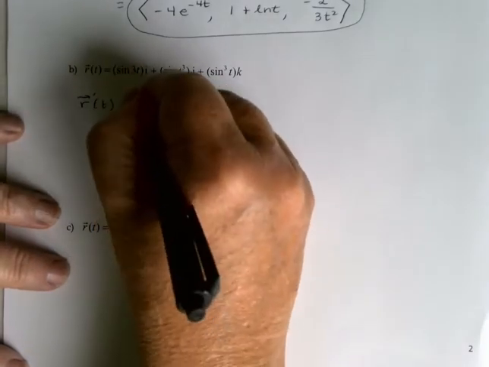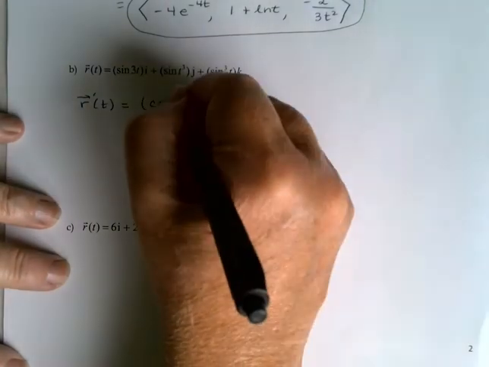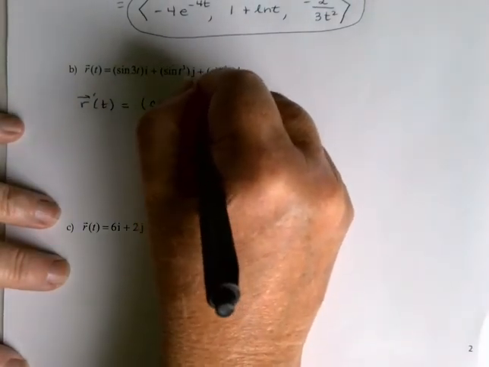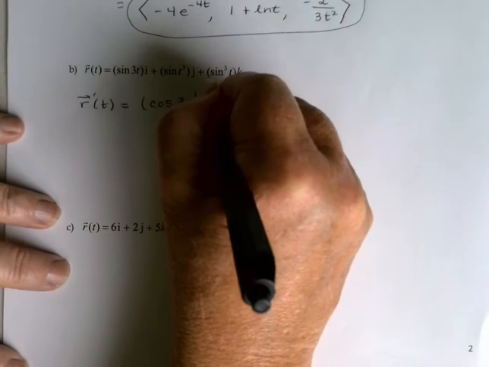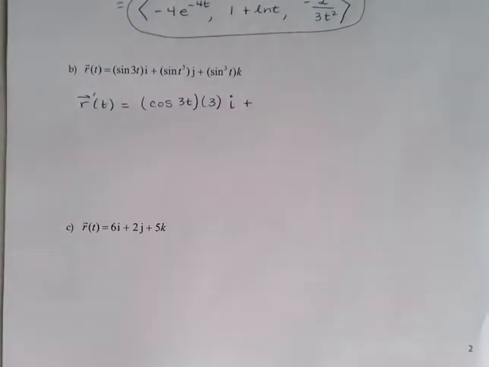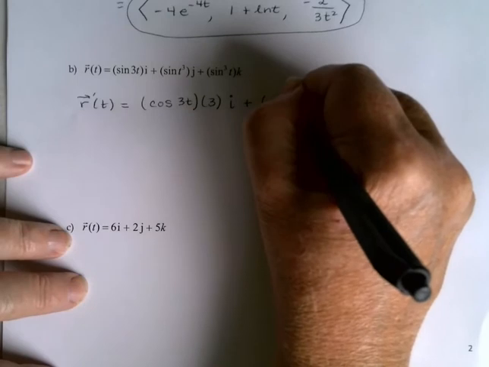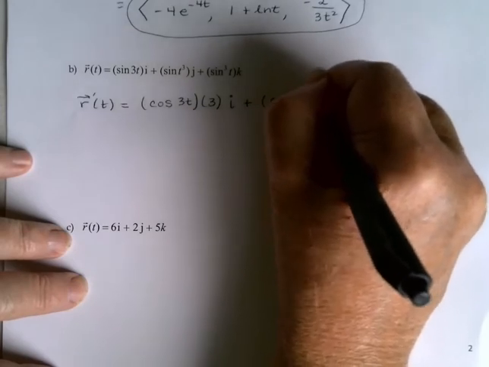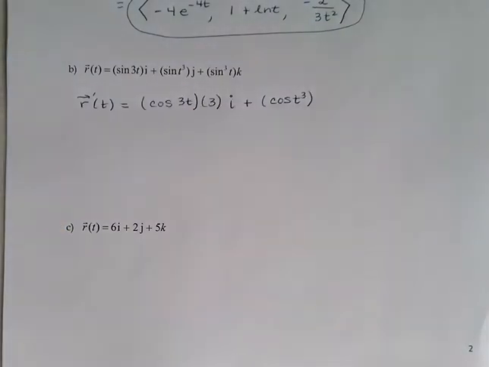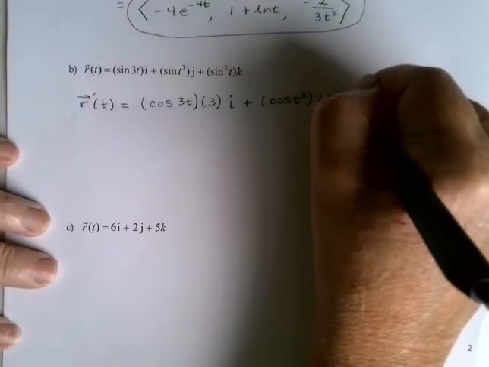The derivative of sine 3t would be cosine 3t times the 3 for the chain rule, and that's i. The j component, again the derivative of the sine function is the cosine function, with that same argument, t cubed. And my chain rule this time would give me a times 3t squared.